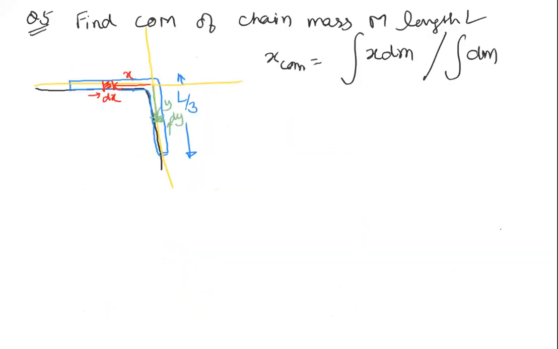So integral x dm divided by integral dm. The elements are here point objects, so there is no complication involved. So this will be equal to integral of minus x, because its x coordinate is minus x, into dm, and there I'm going to write lambda dx.